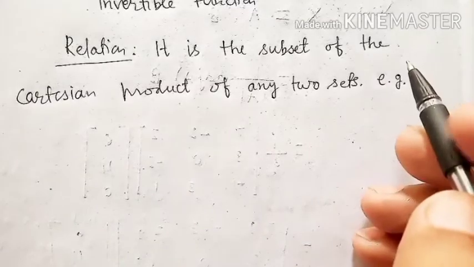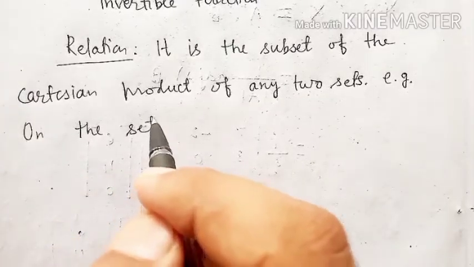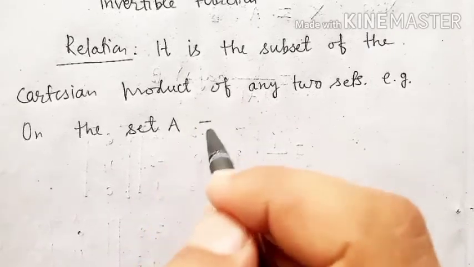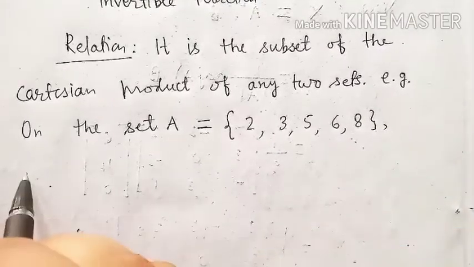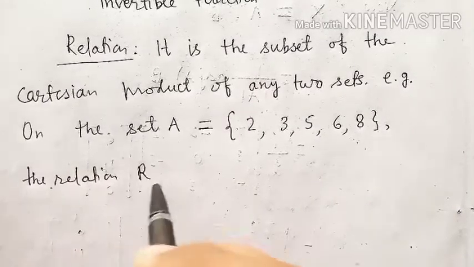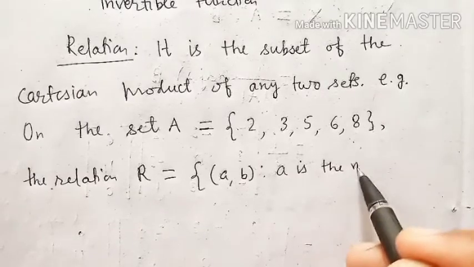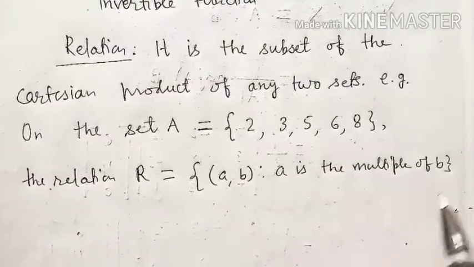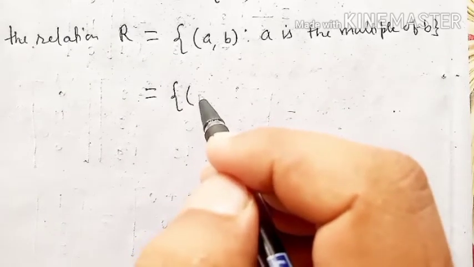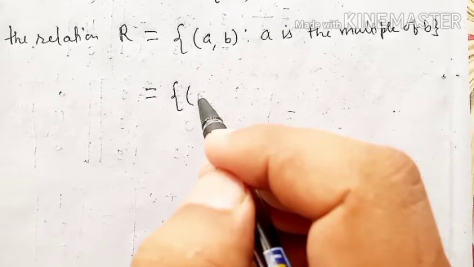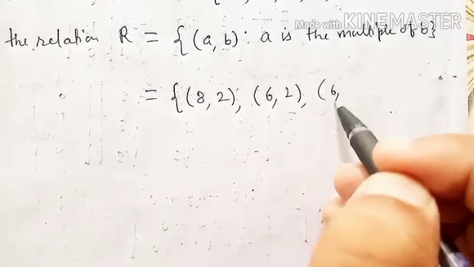For example, on the set A, the relation R, the set of all ordered pairs such that a is a multiple of b can be enlisted as: 8 is a multiple of 2, 6 is a multiple of 2, 6 is a multiple of 3.